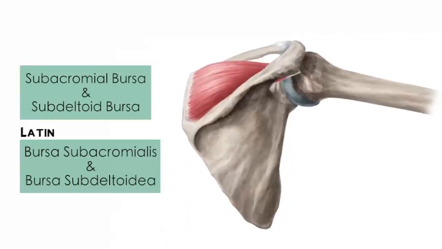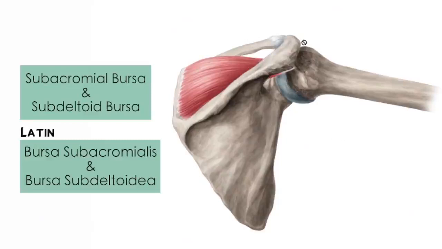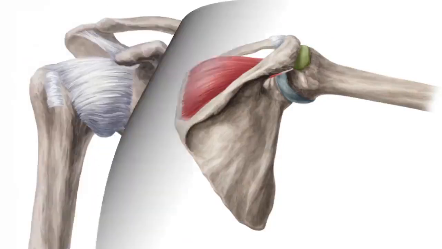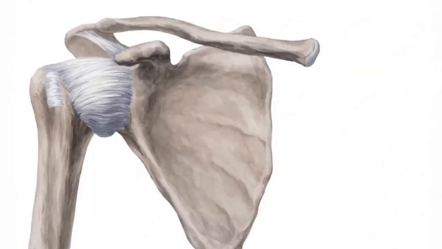You can see it here also posteriorly and a little bit more superiorly. This is the subacromial and subdeltoid bursa. Now there are 3 other bursae that I need to cover here on this tutorial.